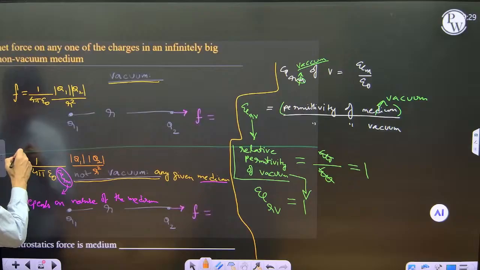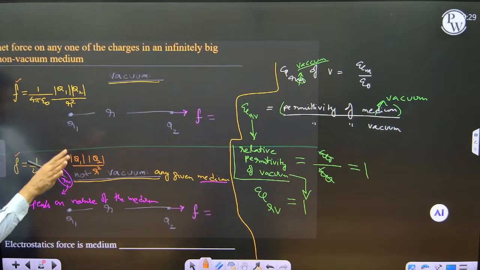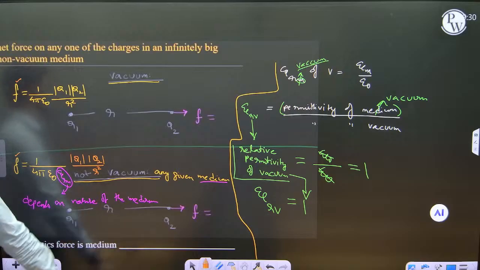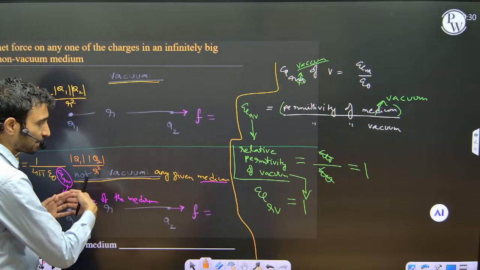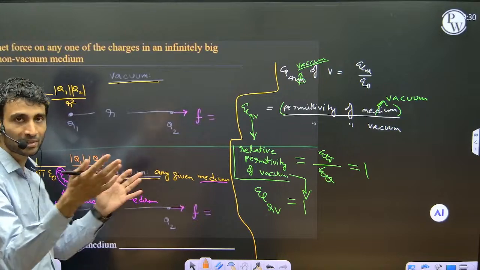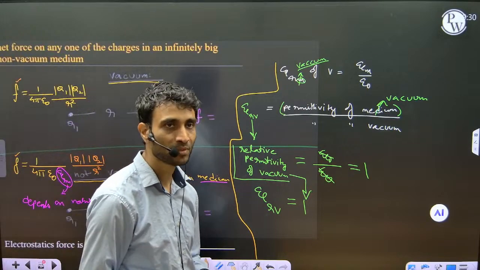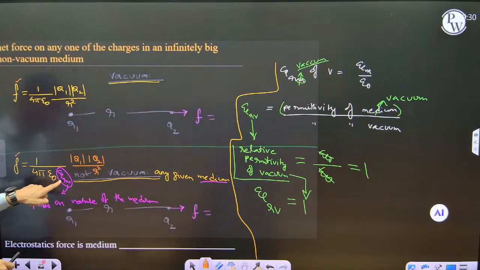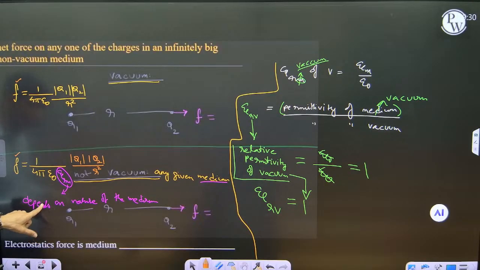So this force and this force are almost same, except one term, and that term depends on the nature of the medium. So if these two charges q1 q2 are kept inside water, then the term that will come here, epsilon rm, will be the epsilon rm of water, right?